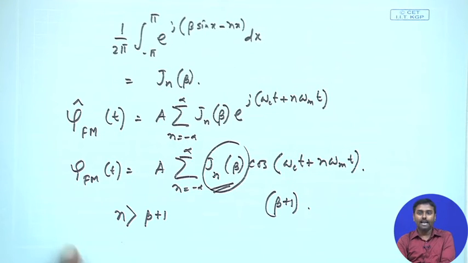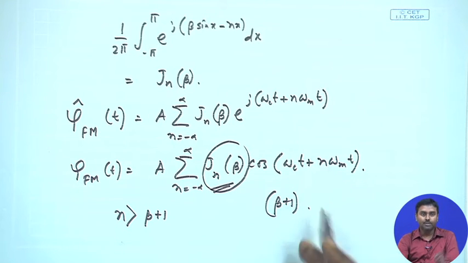So, for every value of n, the overall significant term we can actually evaluate. The significant sidebands should be up to beta plus 1, for a particular beta value. That beta value is already defined, coming from the FM modulation, delta f I have given, and the bandwidth of the message. Once I provide a beta value, I know n beyond beta plus 1 becomes insignificant.